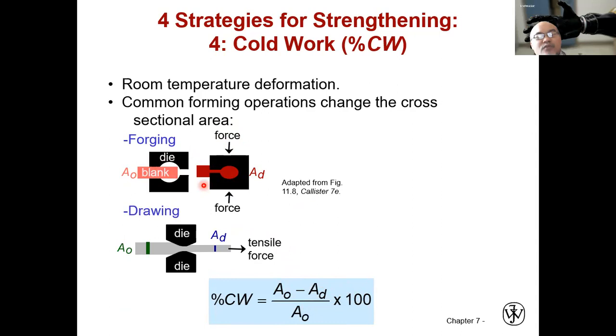Another way is by drawing. You pull that metal through a die, so the resulting cross-sectional area Ad will be smaller than the original cross-sectional area A0 by tensile force. This process is commonly done in the steel industry to create stronger products.